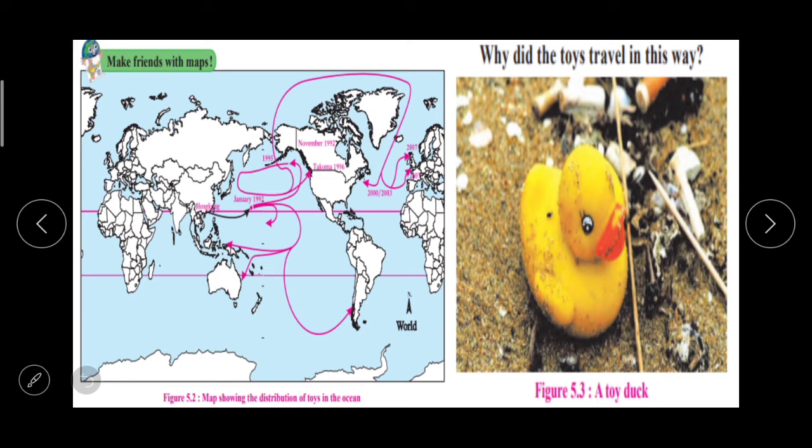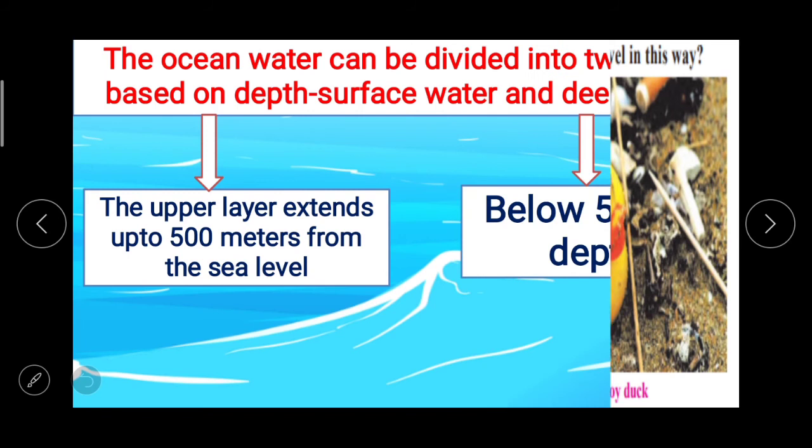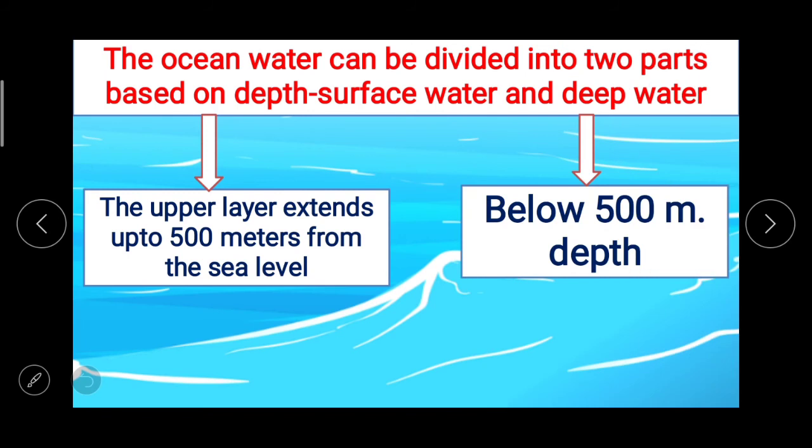The answer to this question is our today's topic, that is, the ocean currents. Now, the ocean water can be divided into two parts based on depth: surface water and deep water.